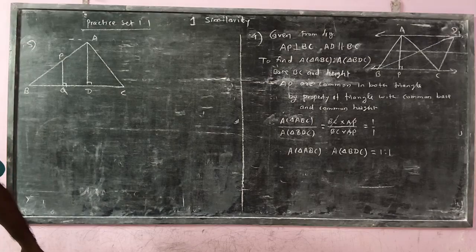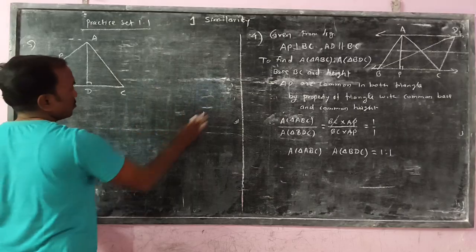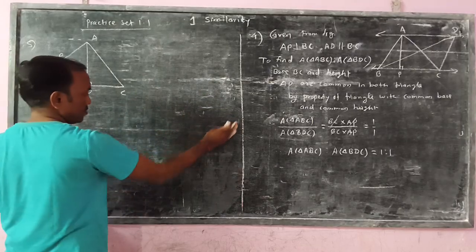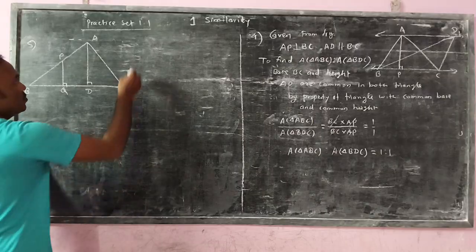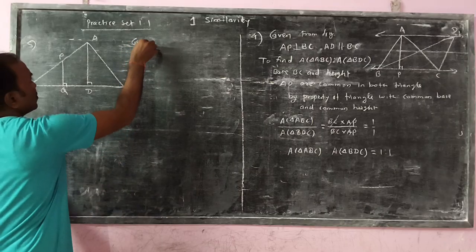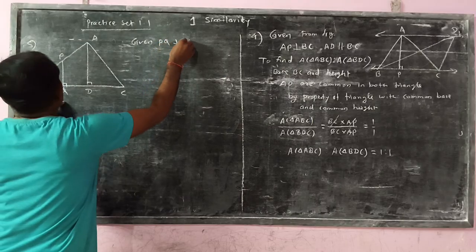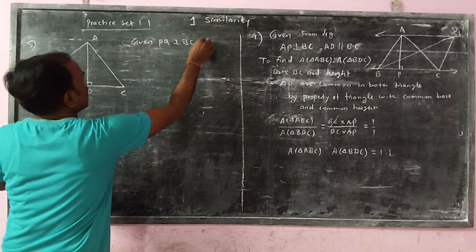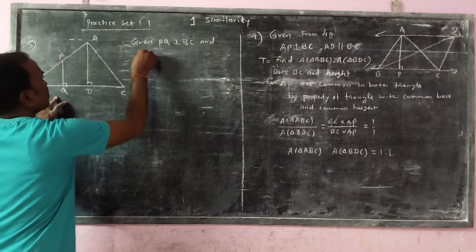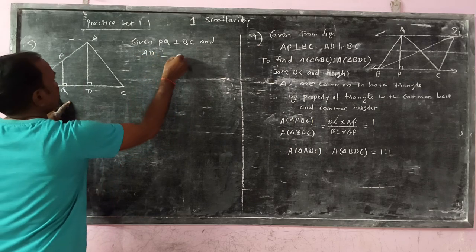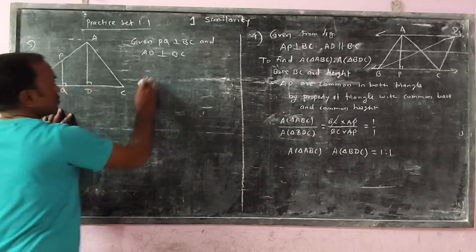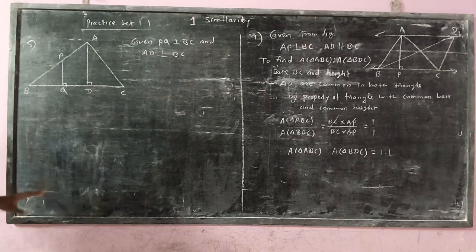So find the different ratios for different areas of triangles. In the given figure, PQ is perpendicular to BC and AD is perpendicular to BC.